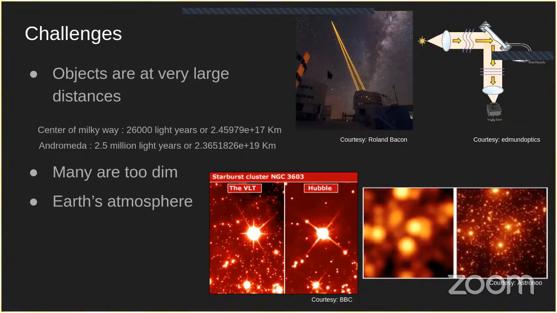As you can see, this is the Very Large Telescope from the European Southern Observatory. You can see the lasers shooting up, and it creates an artificial star in the field of view. Then they look at that star. It gives an idea of what the atmosphere is doing, and then they correct that disturbance using a flexible mirror, where you can change the curvature of the mirror based on your inputs.